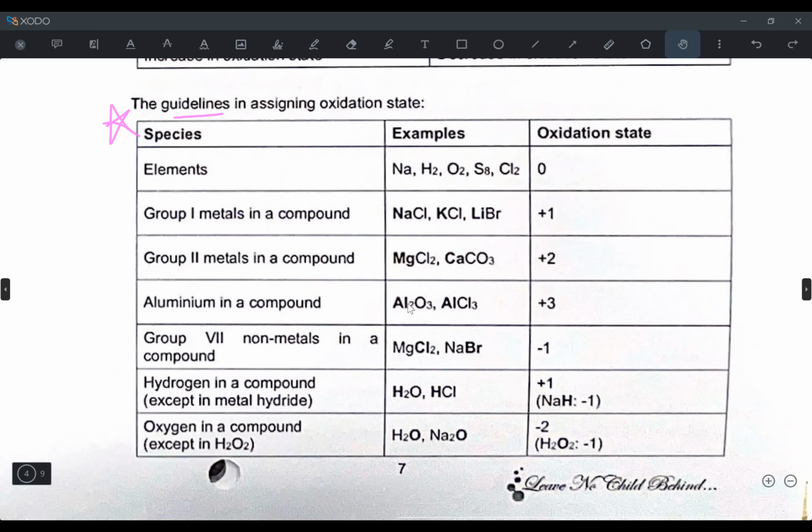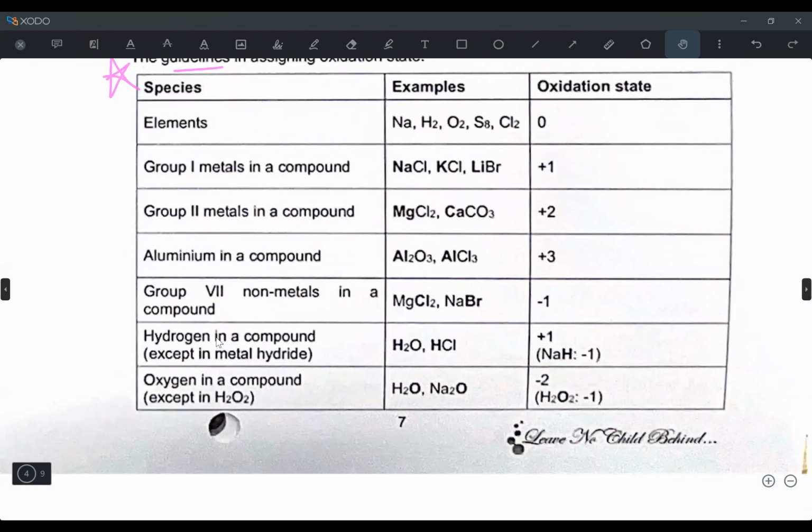Aluminium is group 3, so it's +3. Group 7 will be -1, similar to your ionic compounds. So group 1 is +1, group 2 is +2, group 7 is -1, group 6 is -2.